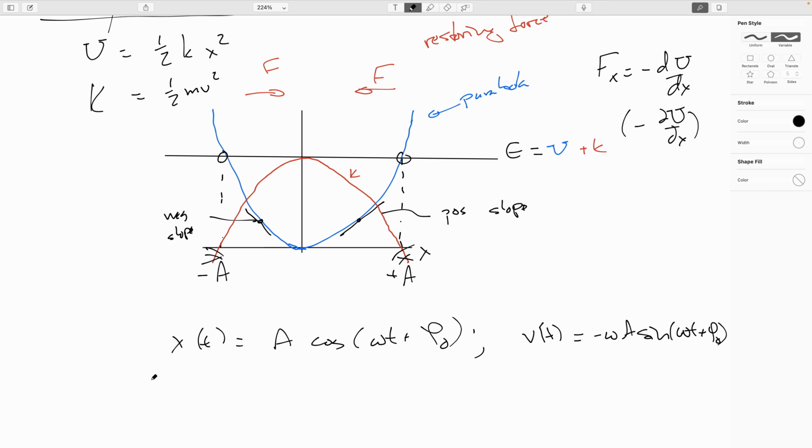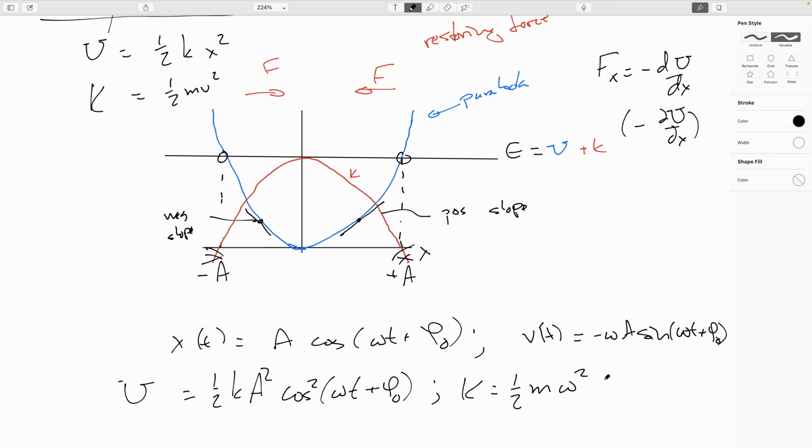All right, so the potential energy as a function of time would be me putting the position function into this. So this would be 1/2 k A squared cosine squared of omega t plus phi naught. And by the same token, the kinetic energy would be 1/2 mv squared. So this will be 1/2 m. Then squaring the minus sign gives me a plus. Squaring the omega gives me an omega squared. Squaring the A gives me an A squared. Sine squared of omega t plus phi naught.